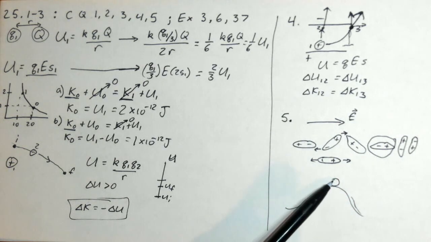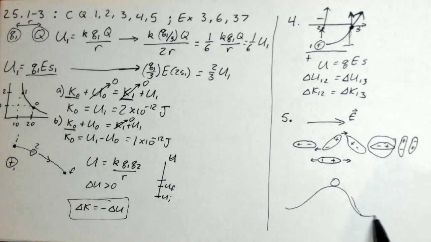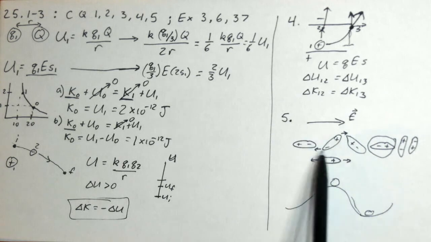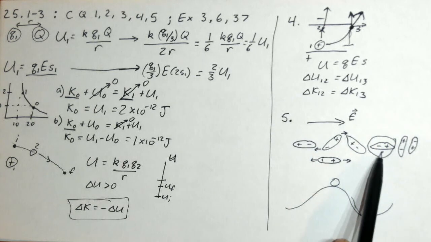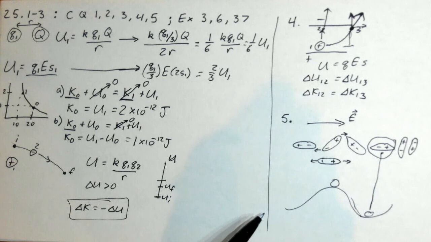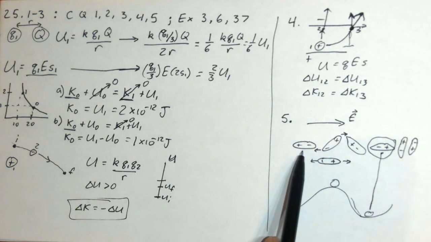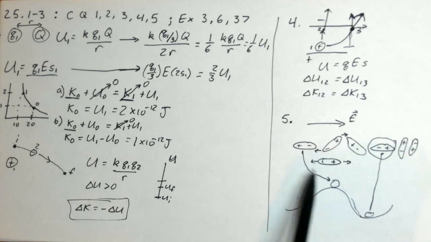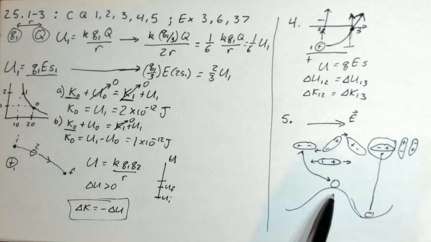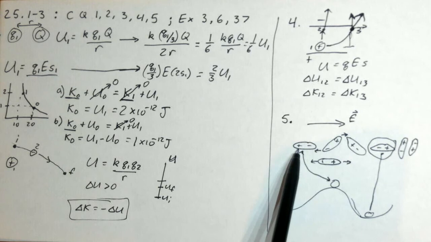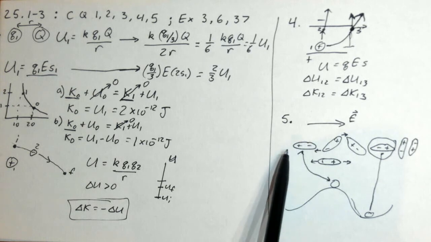So it has a lot of potential energy. But if it reaches a valley and sits here, it's at a stable state. I can give it a bump and it keeps wanting to come down to here. So this is a lower potential energy. So if you think about all these dipoles, they all want to look like that one. That is like our valley. It's got the lowest potential energy. This one right here is like our ball on top of the hill. It's got our highest potential energy because it's opposite what it wants to be.